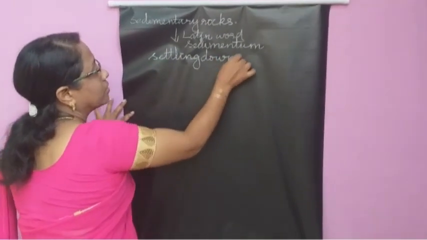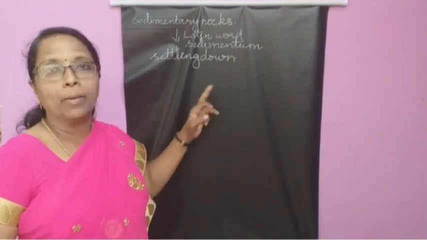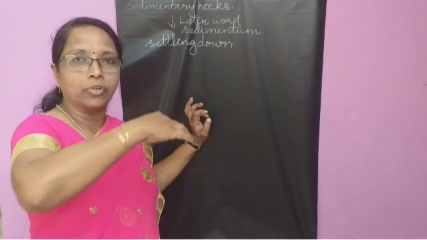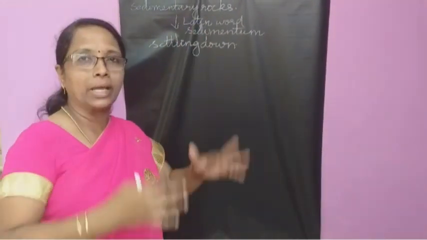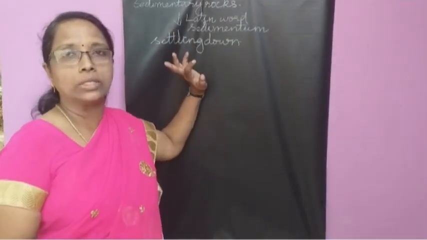From this word itself we can understand that sedimentary rocks come from sediments. Sediments means remains from rivers, valleys, everything coming and depositing. So we will see how it is formed.